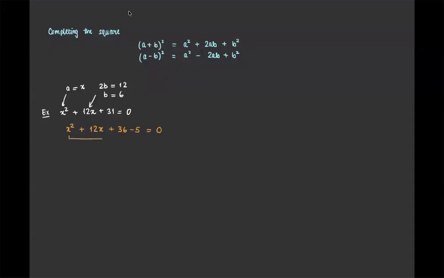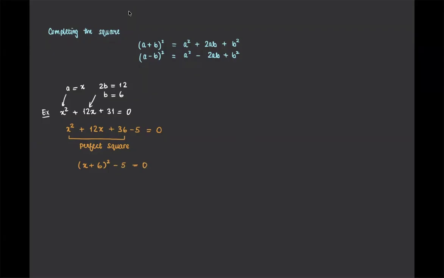The first three terms of this left-hand side are my perfect square. And so I can factorize this perfect square using the identity, in which case I'll get a plus b all squared, or in other words, x plus 6 all squared minus 5 equals 0.